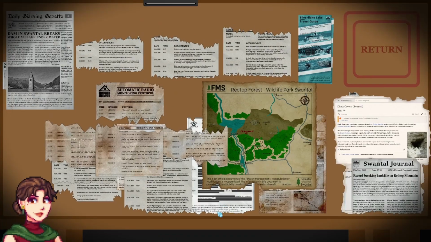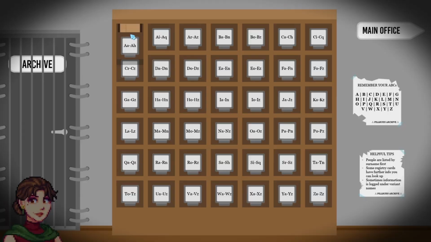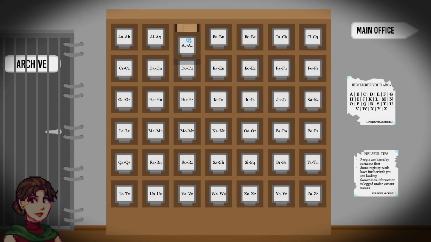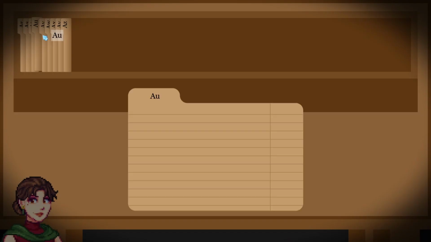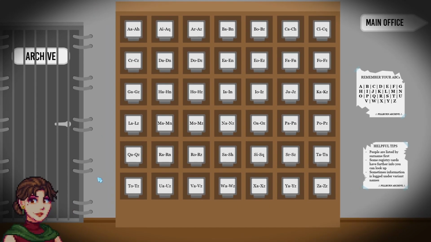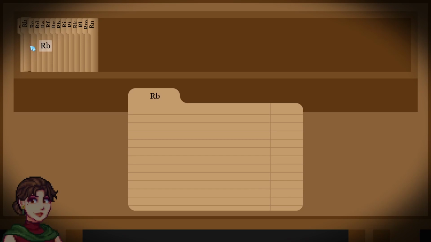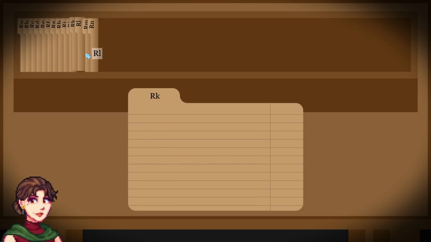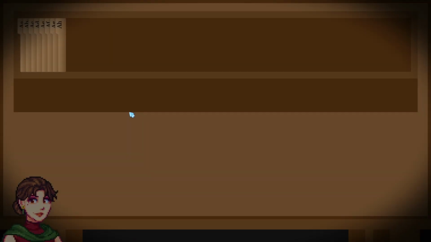Automatic radio monitoring protocol. Auto. Whoop. Let's try radio. No, no radio. We're shamelessly going to ruffle through all these.